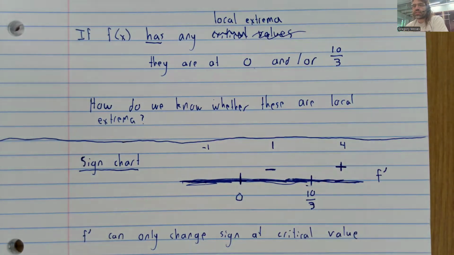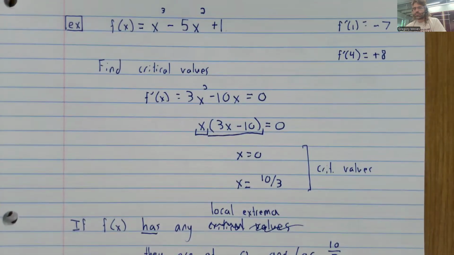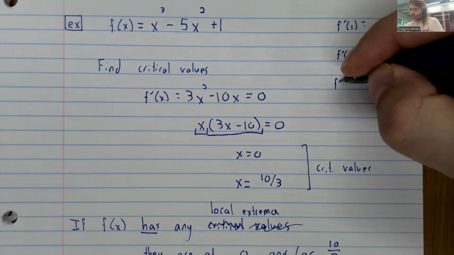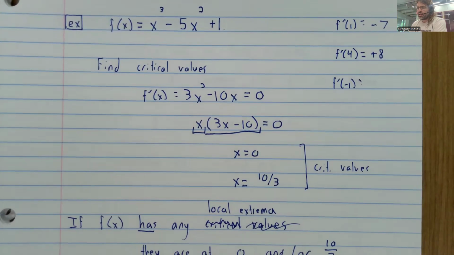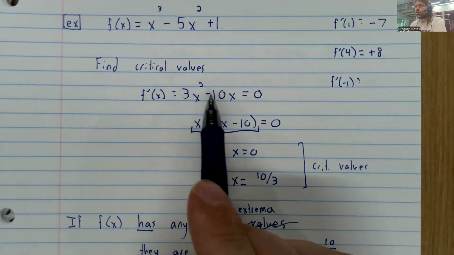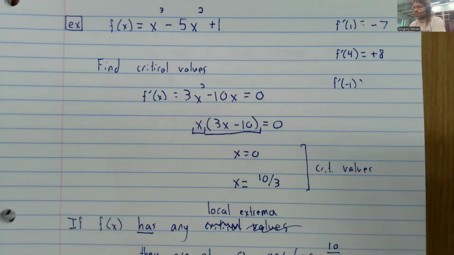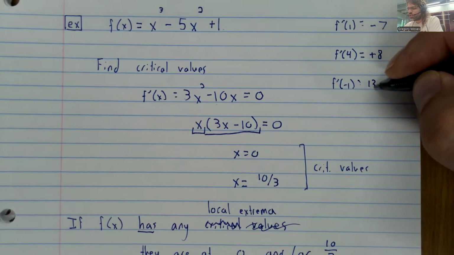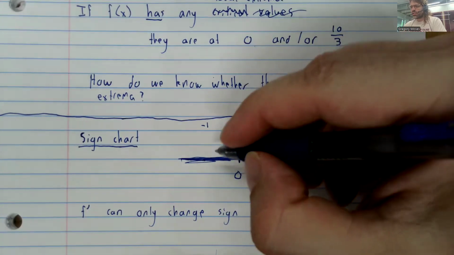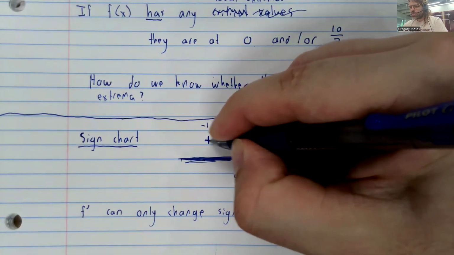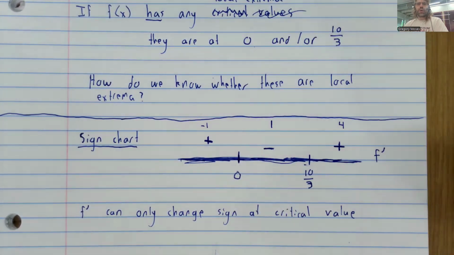And there's only one interval left. Look at a number that's less than 0. Look at -1, for example. f prime of -1 is 3 plus 10, 13. Again, the 13 doesn't matter, but 13 is positive. The positive matters.